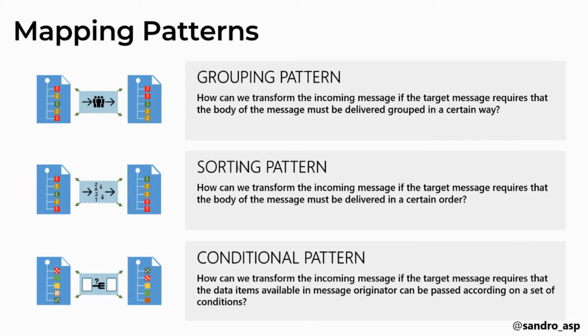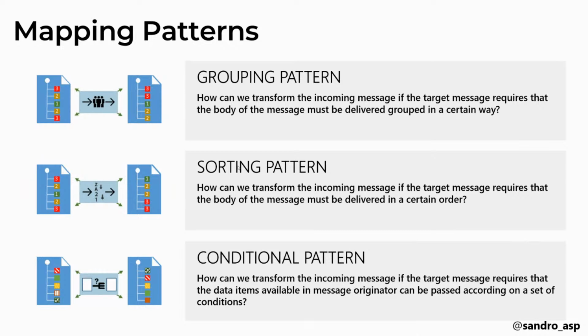Of course, one of the things that happens a lot is the conditional pattern. A basic one is: if the source field exists, I'm going to map it to the destination schema; otherwise, I'm not going to create that field on the destination schema. Or if this is equal to that, then I'm going to map this value; otherwise, I'm going to map another value.